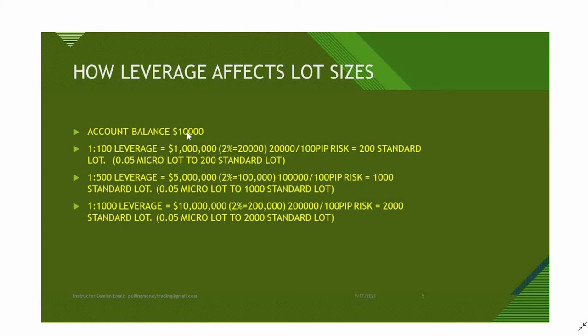With an account balance of $10,000 using a 1 to 100 leverage, that will equal $1 million. 10,000 times 100 is 1 million. 2% of the account balance of $1 million, because we are risking no more than 2% of our account balance, is equal to 20,000. The 20,000 divided by the 100 pip risk would equal 200 standard lots. So the lot size would be 200.